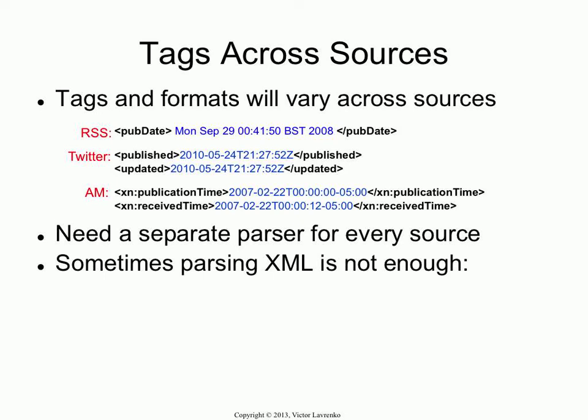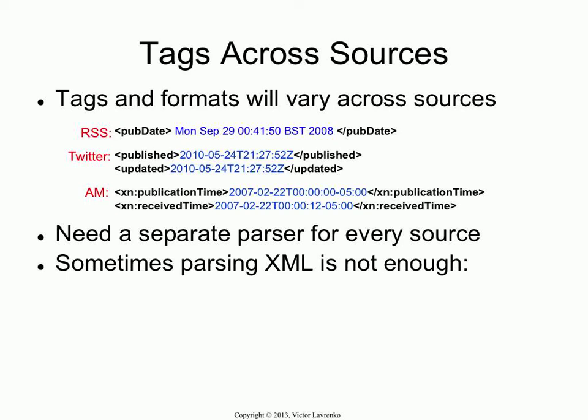But if you're crawling a wide variety of sources and you don't actually know where the XML is coming from, then you have to somehow anticipate that it's either that or that or that, and all of them refer to the same concept. All of them refer to the same type of variable, the publication time for this unit of text. So basically, you'll need to effectively write a separate mini parser for every source that you're dealing with, or try to do something cleverer.